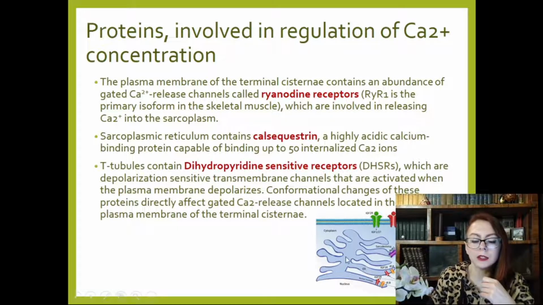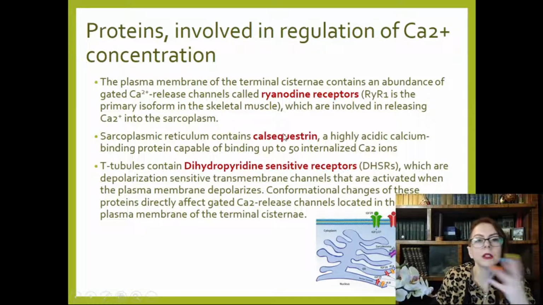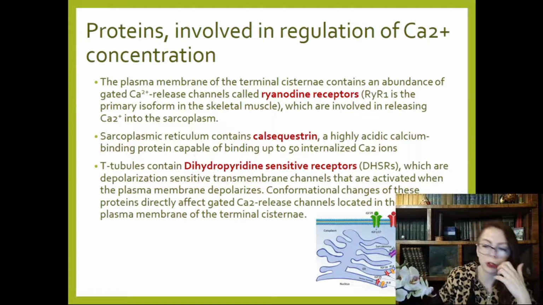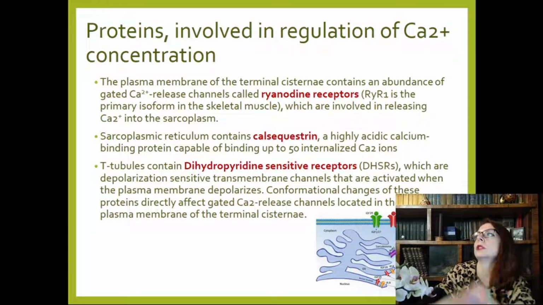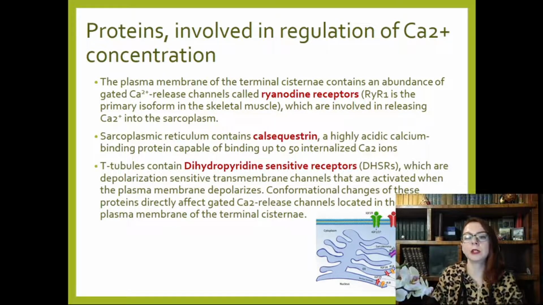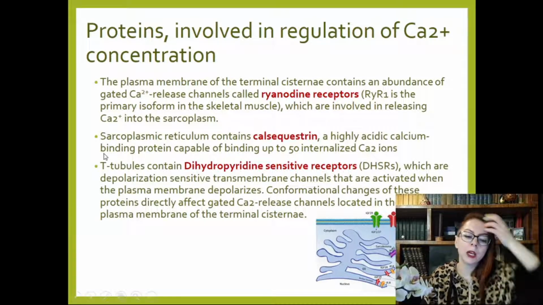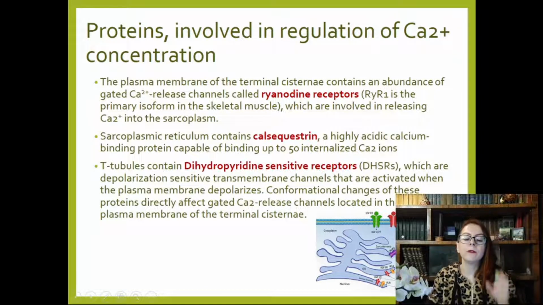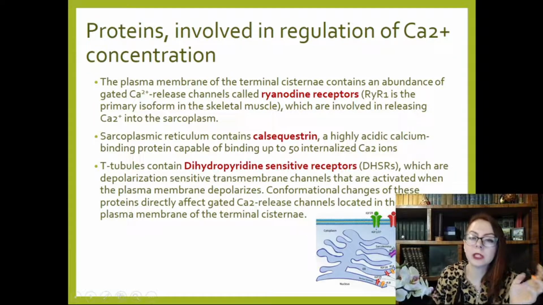Then inside the sarcoplasmic reticulum there is calsequestrin. This protein sequesters calcium, it absorbs calcium, and it helps to hold calcium inside the sarcoplasmic reticulum, and it is liberated only in case of contraction. Then in the sarcolemma of the T-tubules, we have dihydropyridine sensitive receptors.